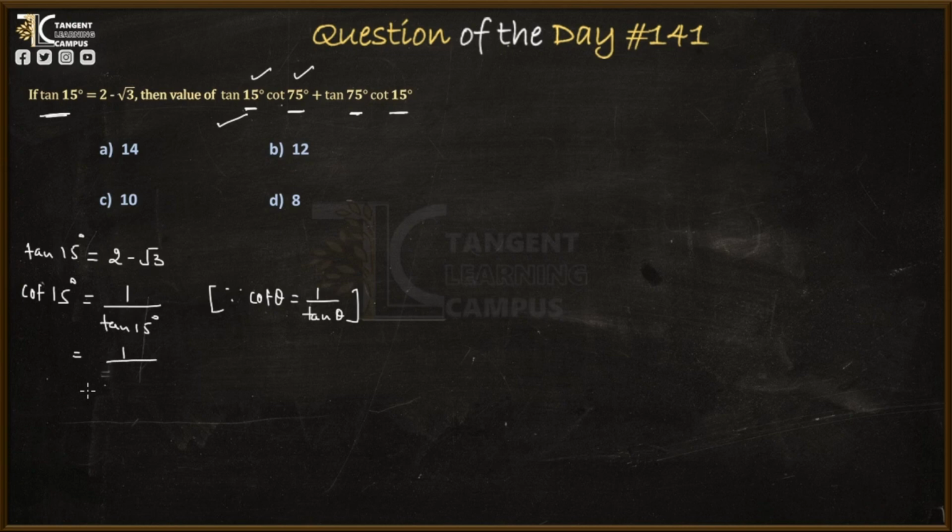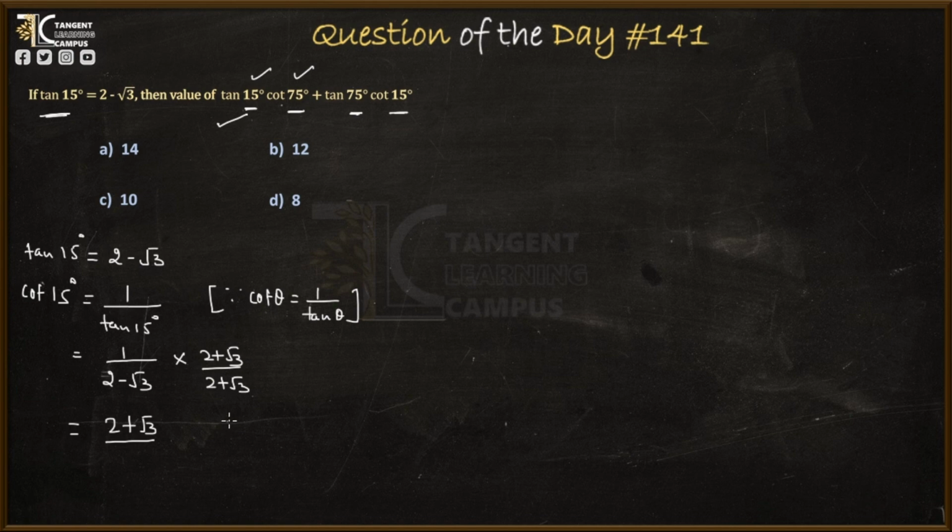So now we can put the value of tan 15 degree in the denominator. So we can write 1 over 2 minus root 3, and in the denominator we have 2 minus root 3. So what we need to do is rationalize it. For this we will multiply both numerator and denominator by 2 plus root 3. So now when we multiply, in the numerator we will have 2 plus root 3, and in the denominator we have 2 minus root 3 times 2 plus root 3.